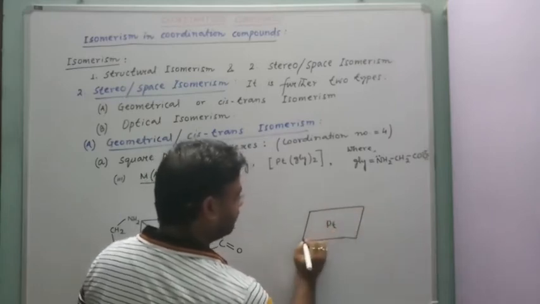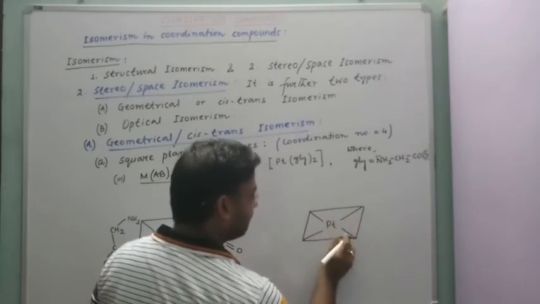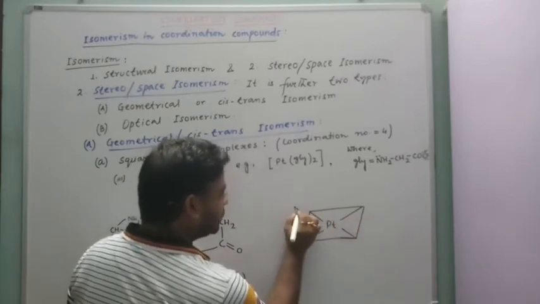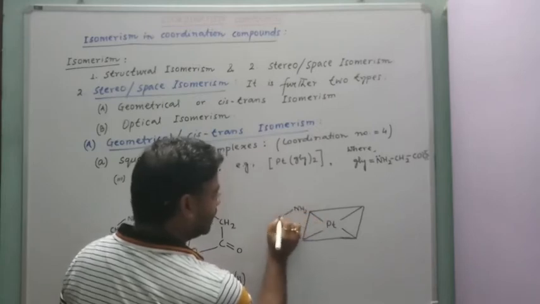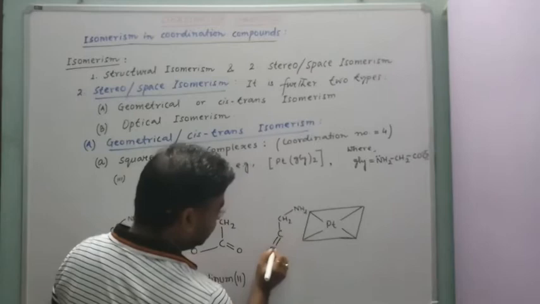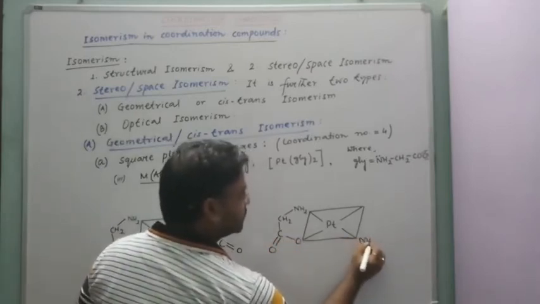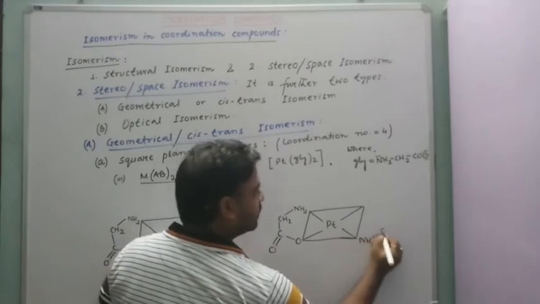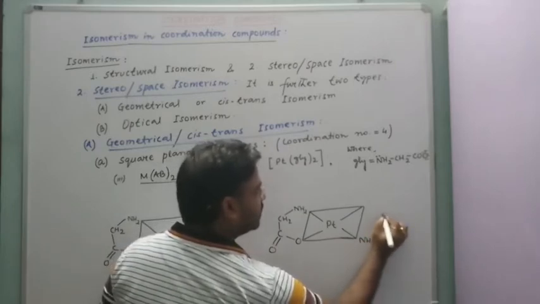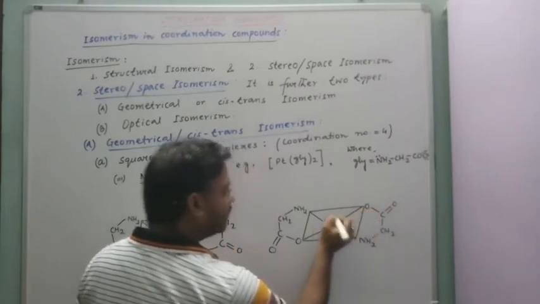platinum central atom, NH2CH2C double bond O, single bond O. Now NH2 starts with this position. NH2CH2C double bond O, coordinate bond, another oxygen.